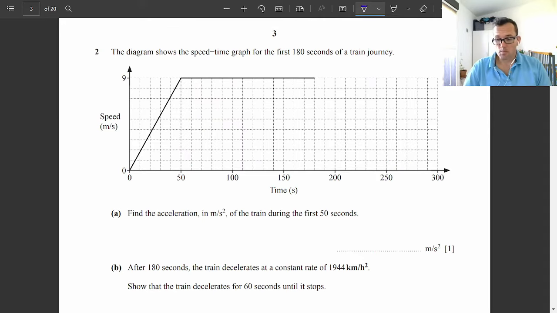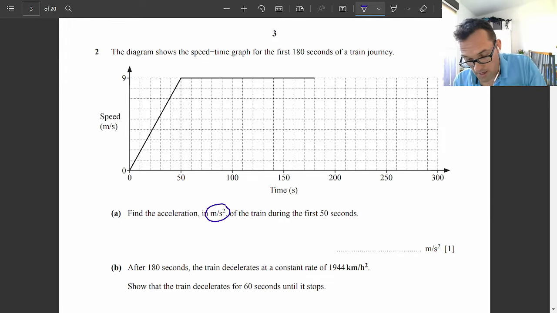Question 2. Speed time graph. It shows us the first 180 seconds of a journey. First one, find the acceleration. Remember, on a speed time graph, acceleration is the same as the gradient over that period. There's a lot of information hidden in the units. You see that's meters per second squared.